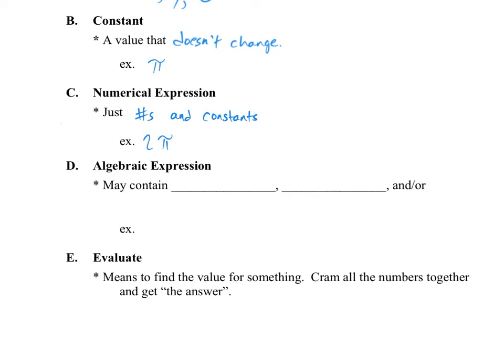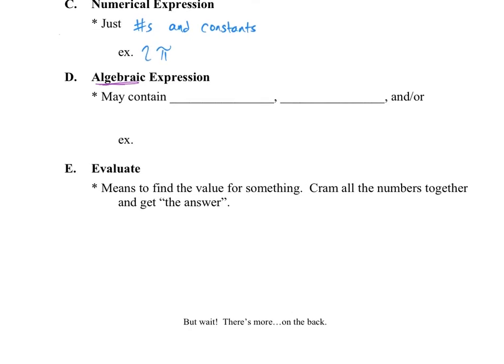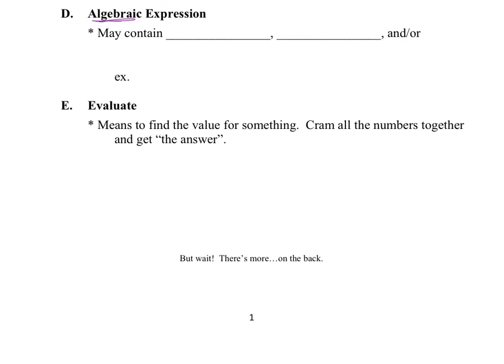Algebraic expression. Next thing. So now you have this algebraic in there, which has the word algebra. And algebra is really going to be all about using variables for things. So what's going to differentiate an algebraic expression from a numerical expression is it may contain variables, such as x and y, constants, and/or operations.